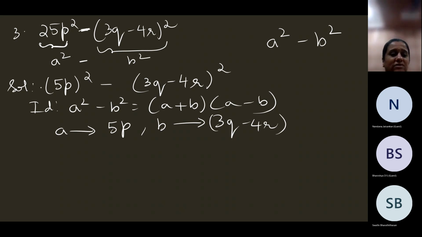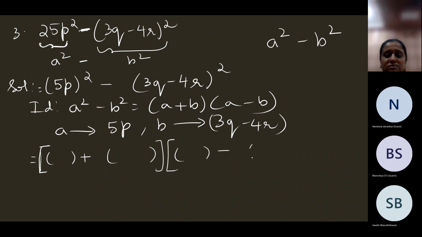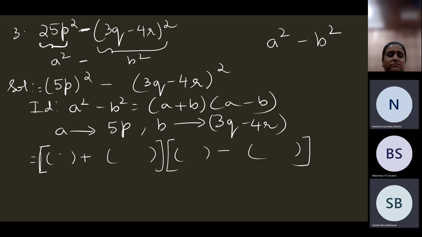So we're going to now write the answer. The answer is a plus b into a minus b. So see here, I'm using empty brackets. Now I'm going to write a. What is a? 5p.